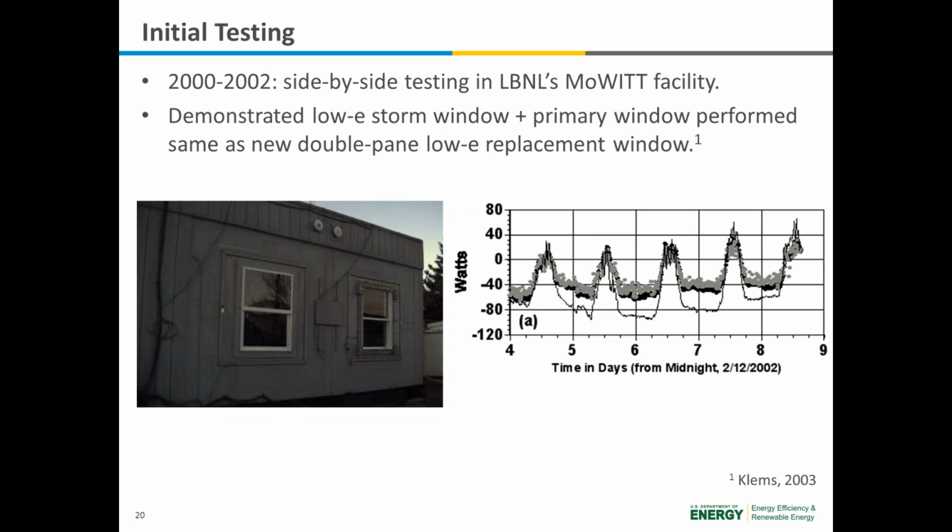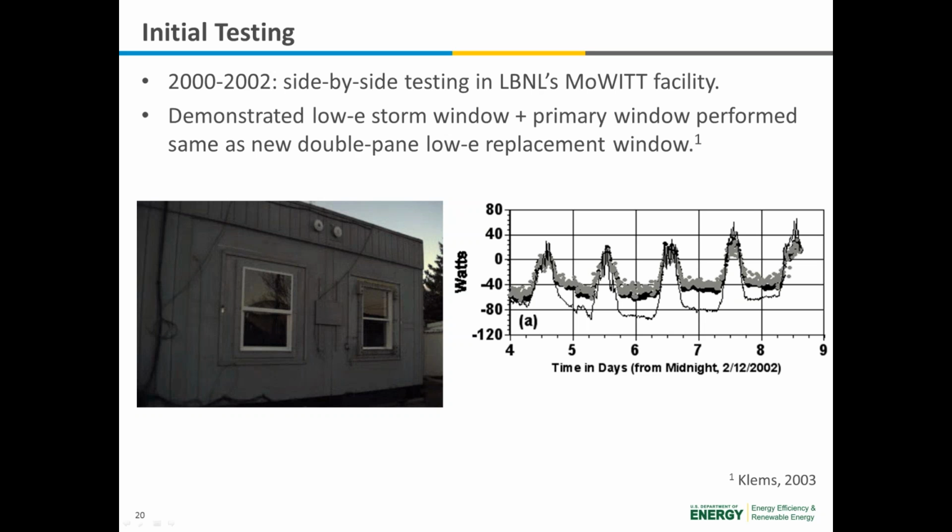It has two bays where you can do side-by-side instrumented testing of different window options. In this case, we have one bay that has a single pane window and then a low-E storm window added over that, and then it's directly compared in side-by-side testing with a new double pane low-E replacement window.